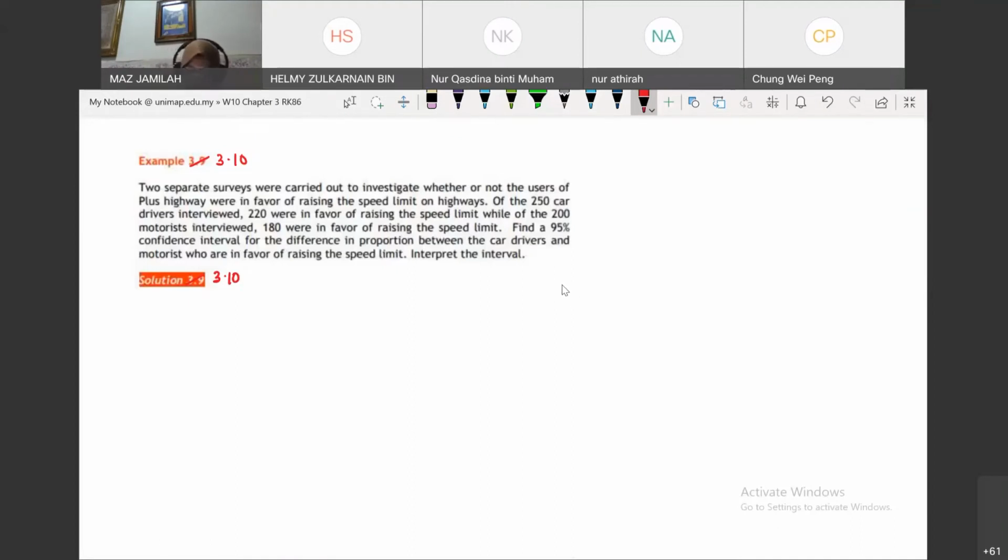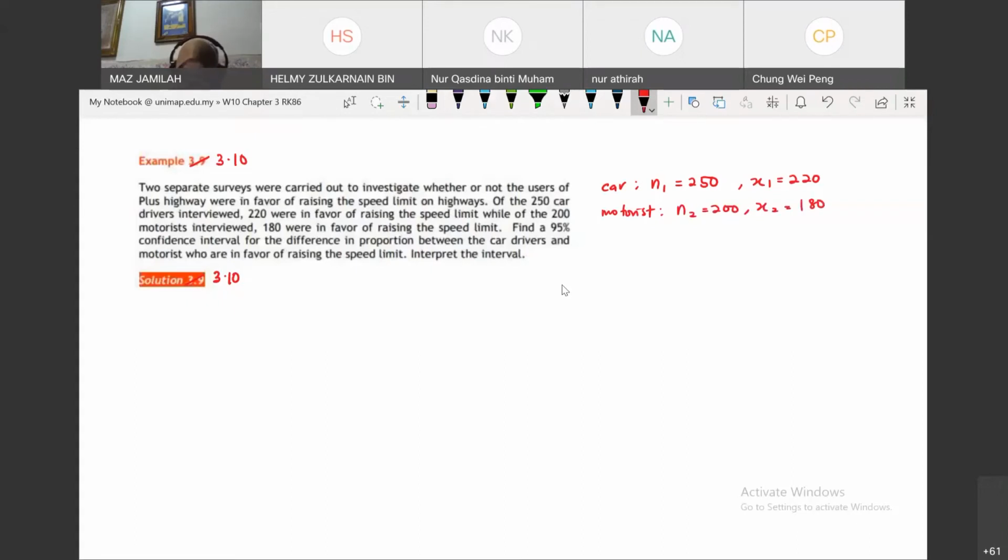Of 250 drivers interviewed, referring to cars, you have n1 equal to 250, and then 220, referring to your x1, in favor of raising the speed limit. For the second group, that will be motorists, n2 is 200, and out of 200, those who favor is about 180.